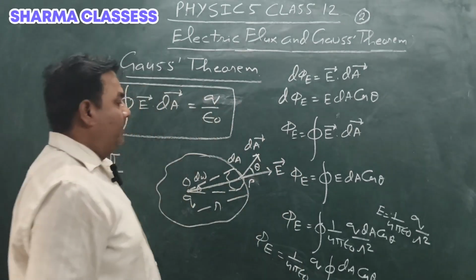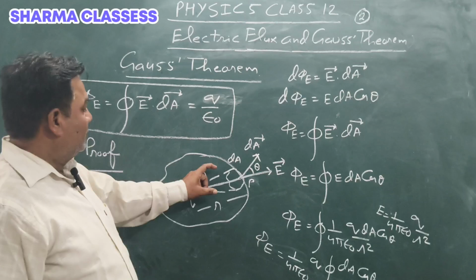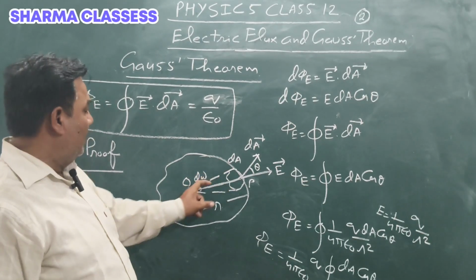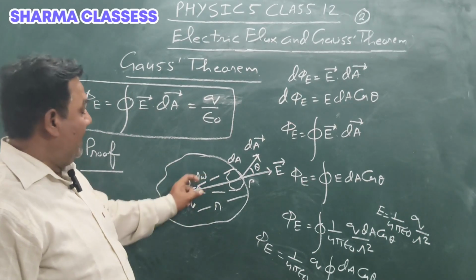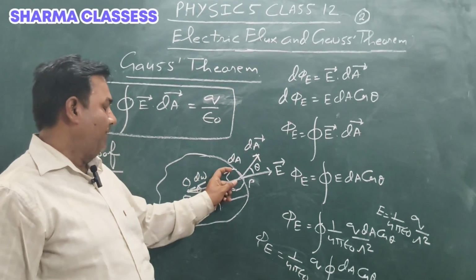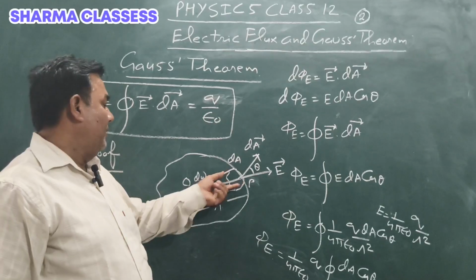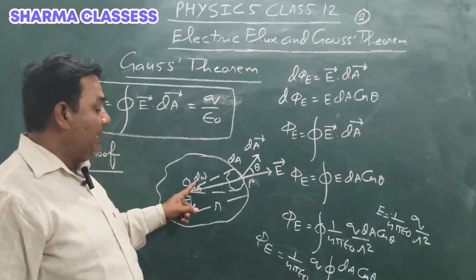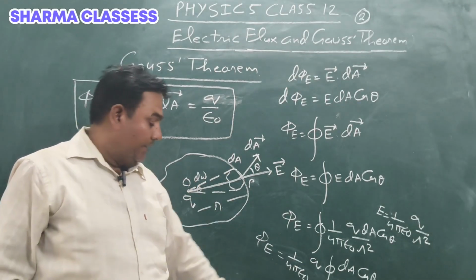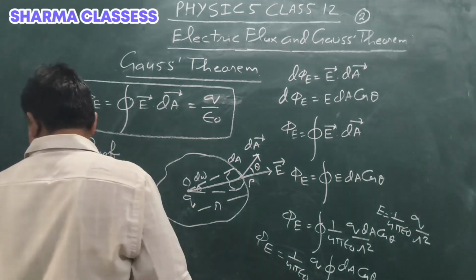And dA cos theta upon r square is the solid angle subtended by this small area at point O. Since the lines are not perpendicular to the surface, the solid angle d omega is not dA upon r square, but dA cos theta upon r square.